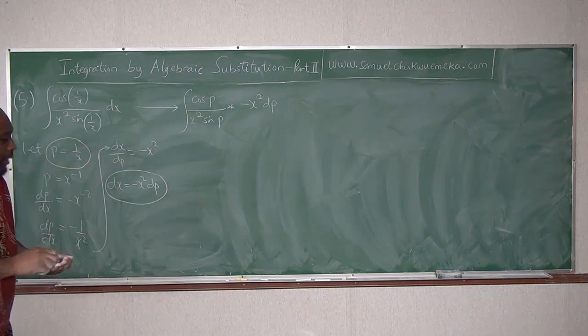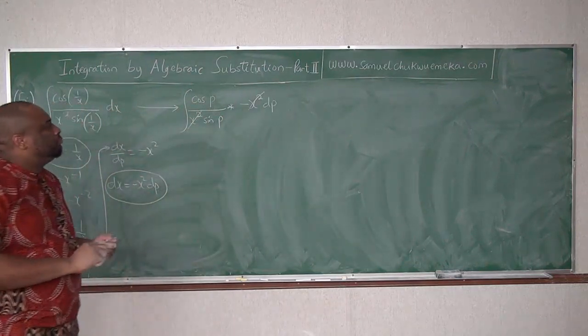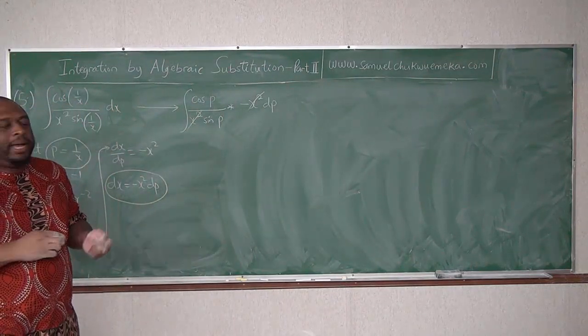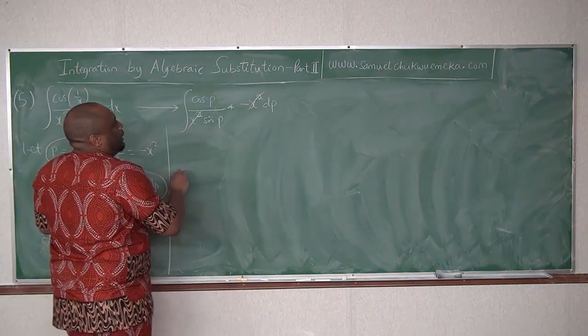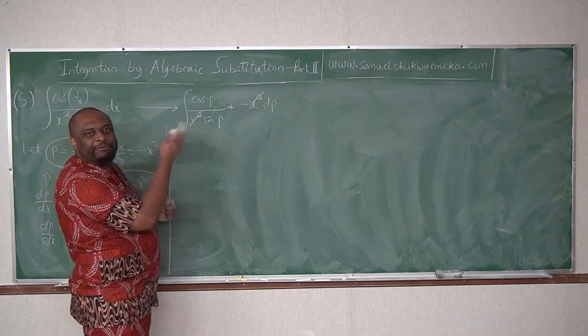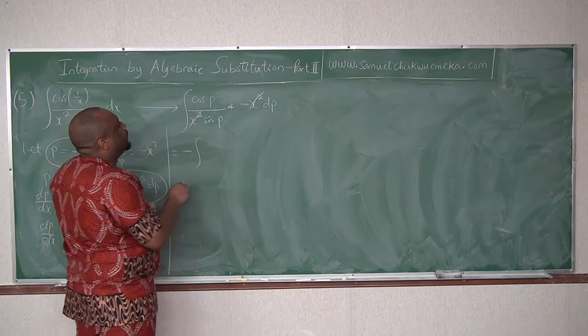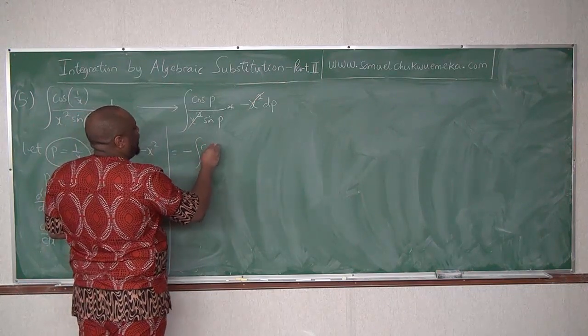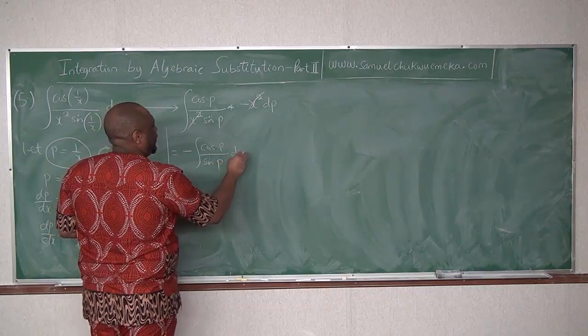See that? I cross out, bam, bam. Right? Now I don't like that negative 1, so I bring it out, which is negative 1 times the integral of cos p over sine p dp.